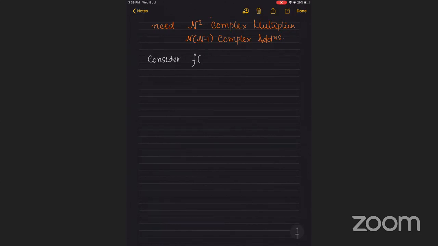Consider f of x is equal to x squared. Now I tell you, compute f of x at 2 distinct points.